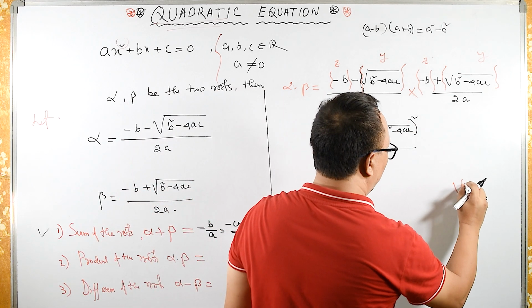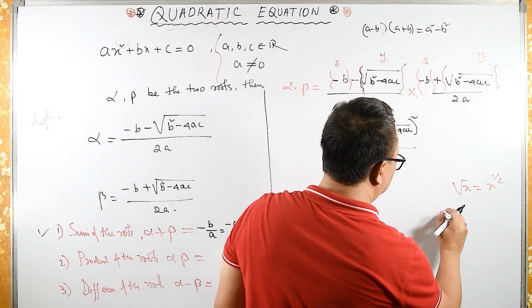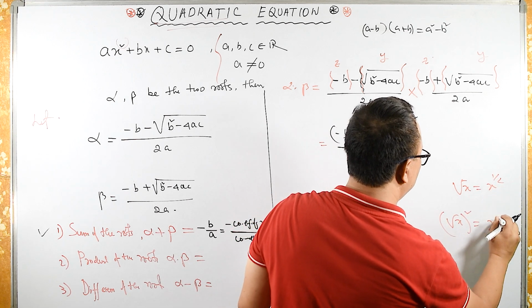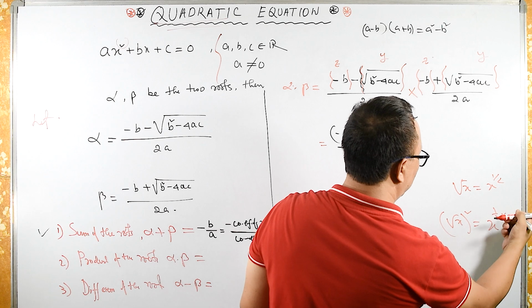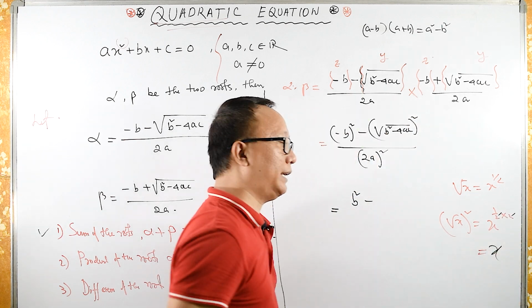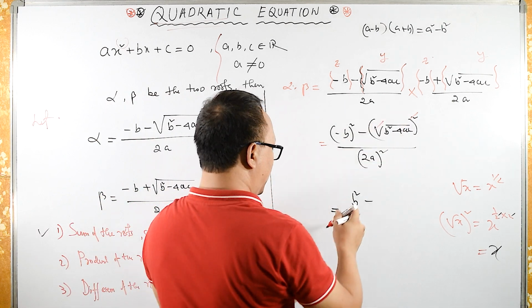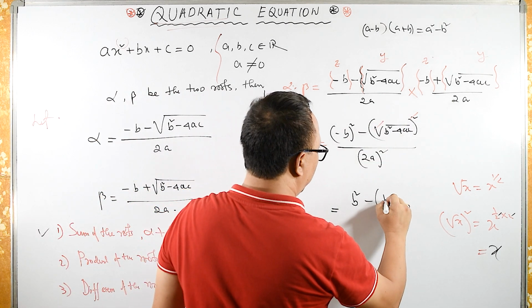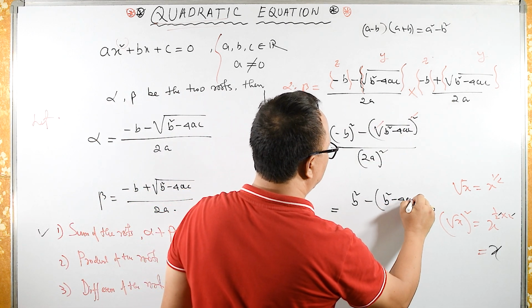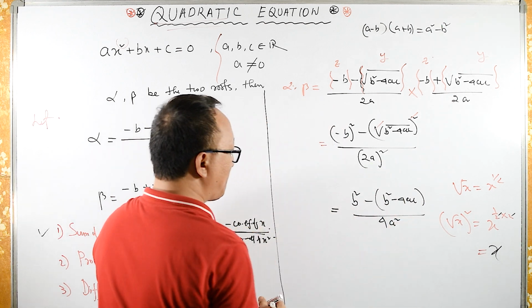Why? The square root of x is x raised to half, and square root of x the whole square is x raised to half into 2. These two get cancelled, and we have only x. So this and this get cancelled. What we have is b² minus 4ac upon 2 to the 4, 4a².